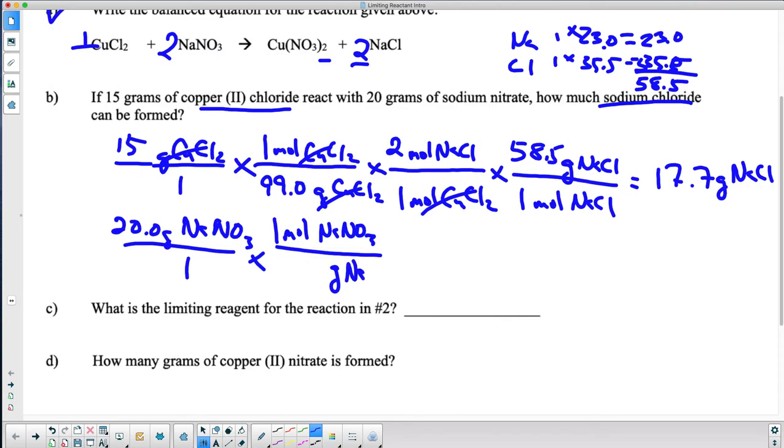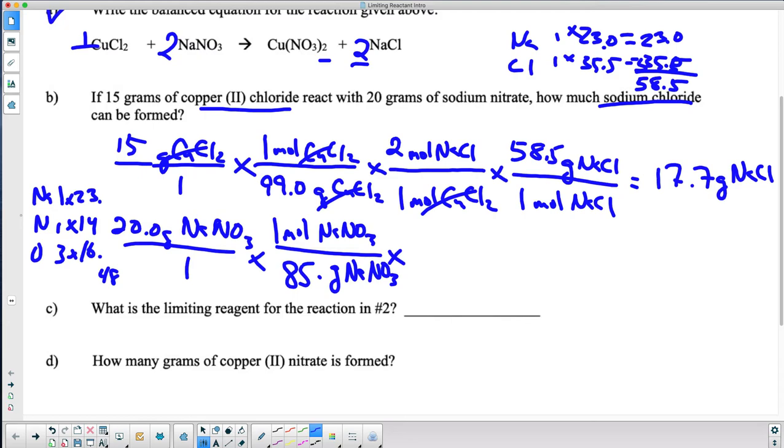The only extra thing I need to do is sodium, nitrogen and oxygen: 1 times 23, 1 times 14, and 3 times 16 is 48, plus 23, plus 14 equals 85. So 85 grams of sodium nitrate. This is all the same work, using molar mass, as what I did over there with NaNO3.